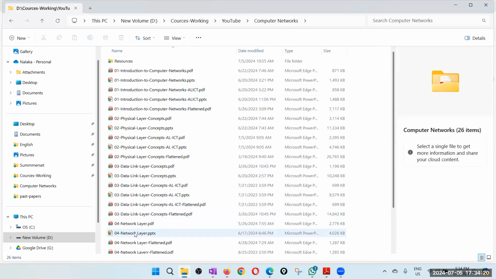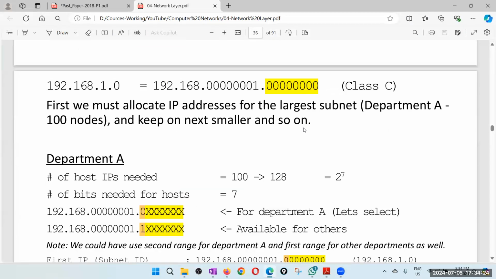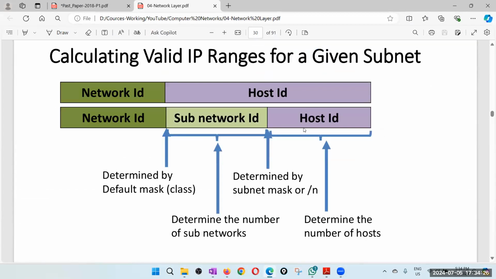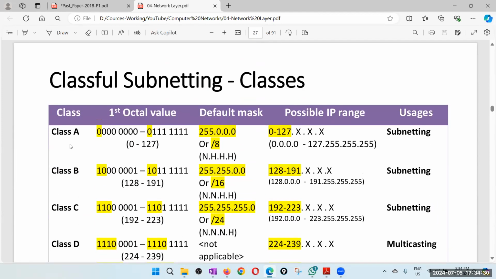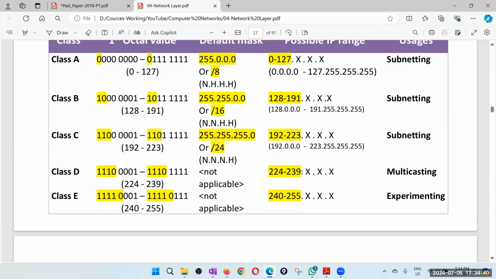Right. So that concept is under network layer. We did all these calculations. So how do you identify the class? Class A is 0 to 127. Class B is 128 to 191. Class C is 192 to 223. Class D is 224 to 239. Class E is 240 to 255.